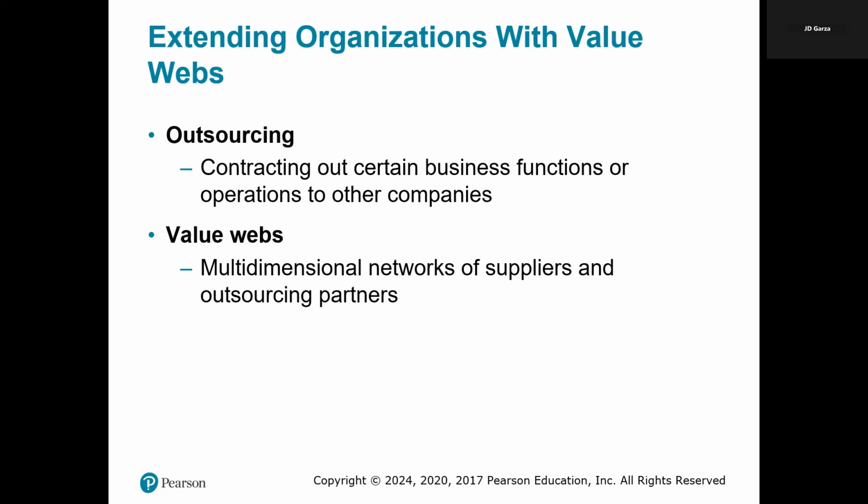Unlike the more linear approach seen in traditional supply chains, the value webs foster multi-directional collaboration that boosts innovation and agility across the business. Let's just say, for example, in the fashion industry, a brand's value web might include fabric suppliers, designers, digital marketing teams, even influencers.